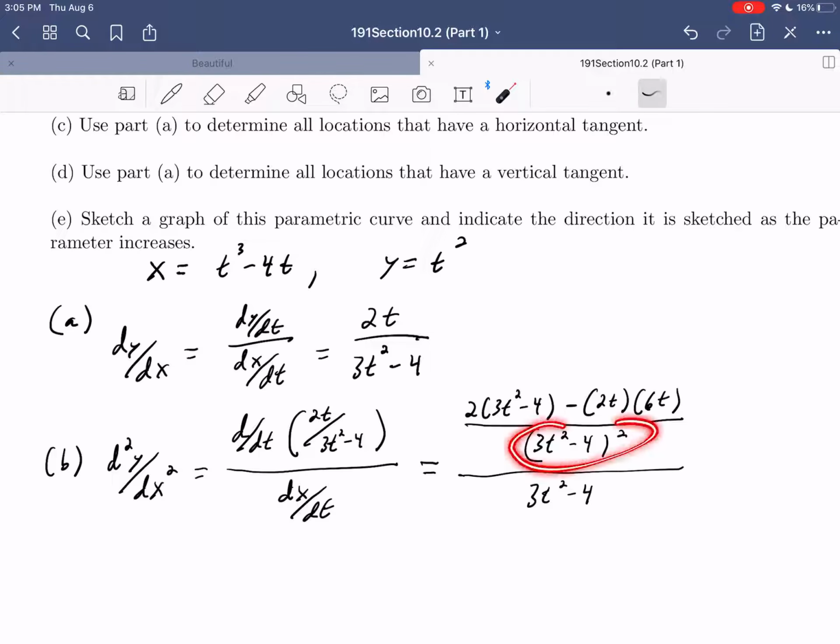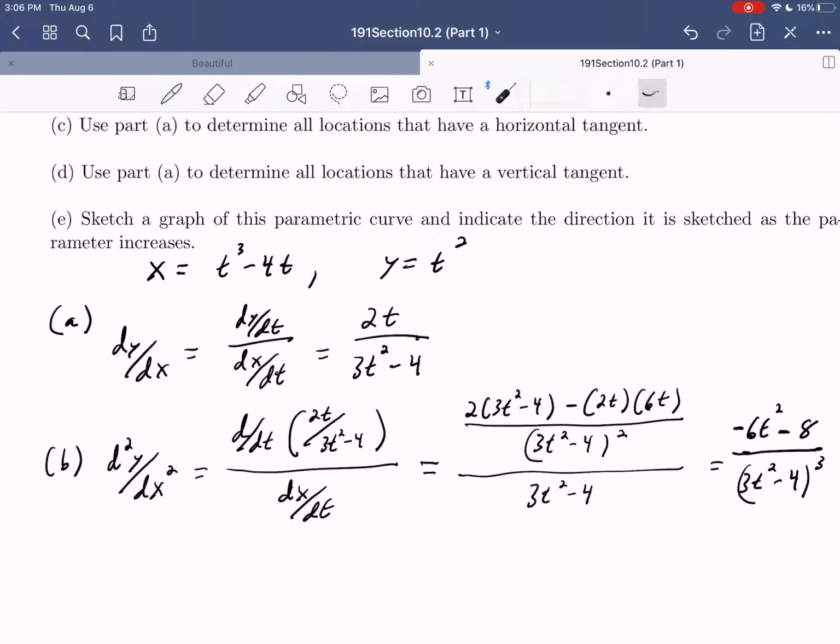If we simplify this, this could swing down here, and what we would get up top is 6t squared minus 12t squared, so that's minus 6t squared, and then minus 8, so that's our numerator, and in the denominator we get 3t squared minus 4 cubed.